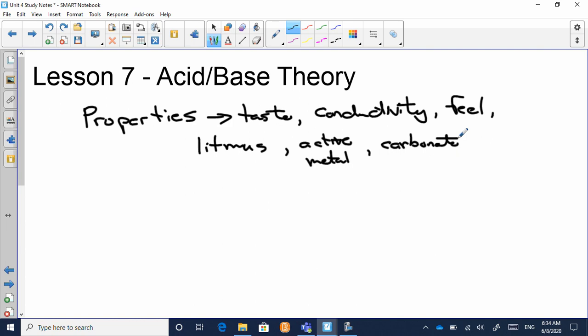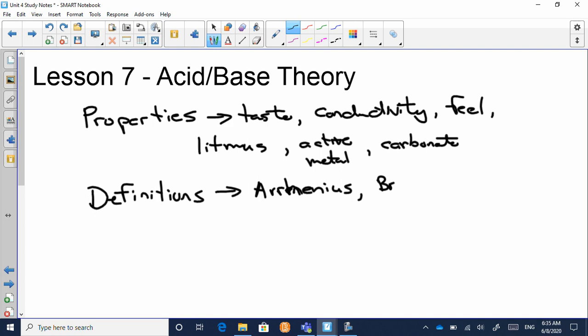So properties. You need to know the 2 definitions we went over. The definitions, one was the Arrhenius definition, and the other one was the Bronsted-Lowry definition.